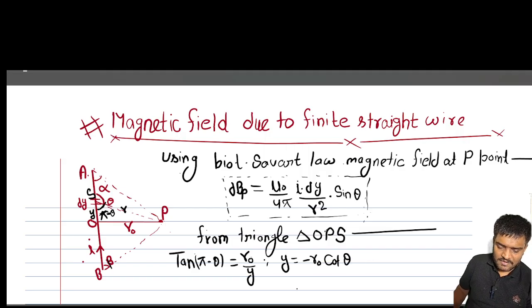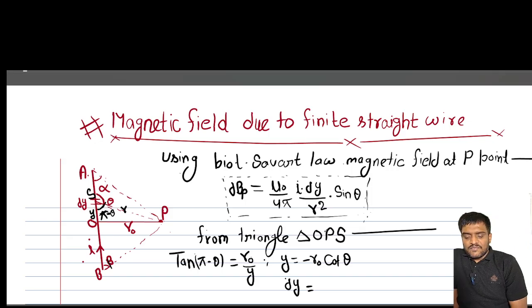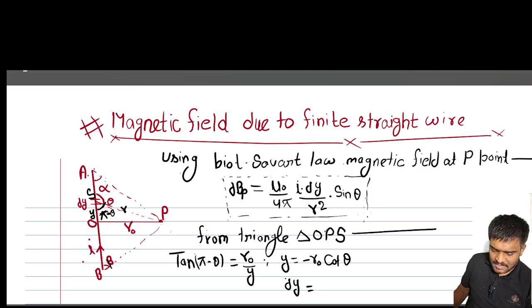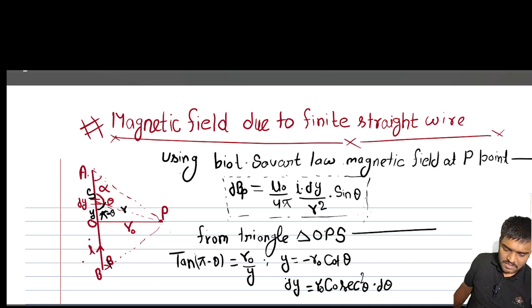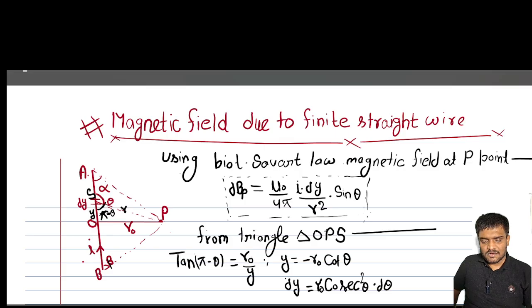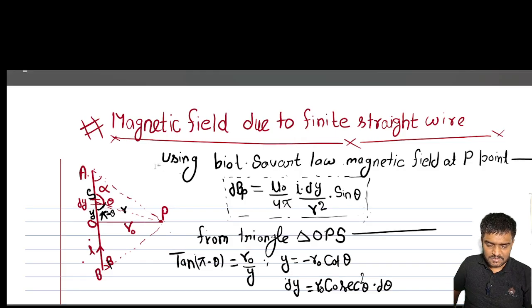This is y, but we need the value of dy, so differentiate both sides. After differentiating, cot theta converts into minus cosec square theta. So finally, dy is equal to r naught cosec square theta d theta. Now, another variable is r.